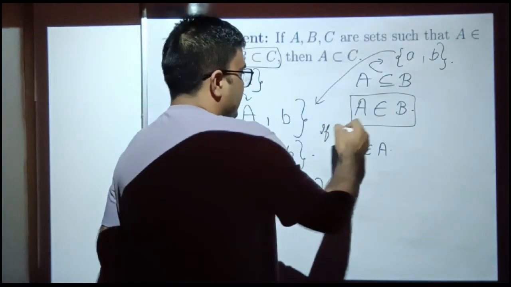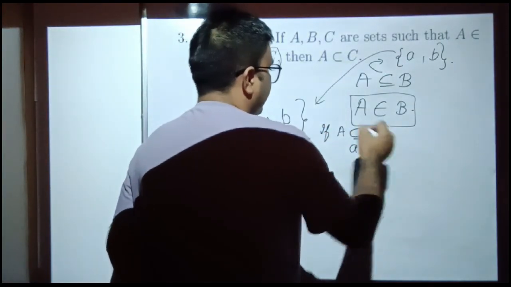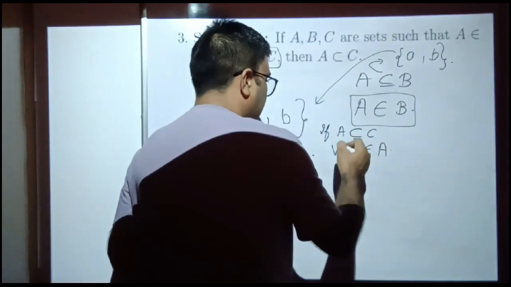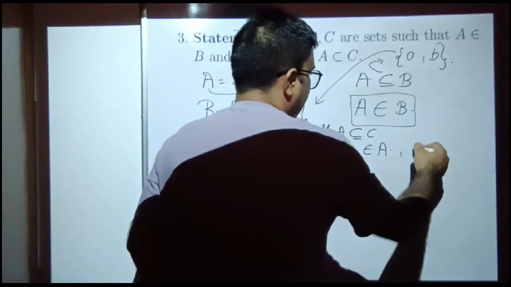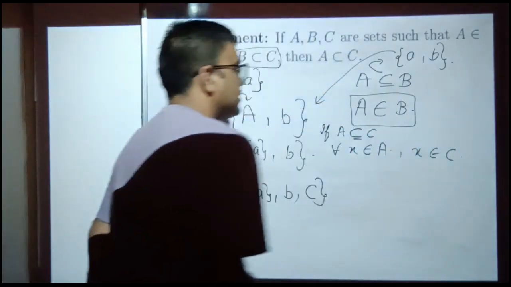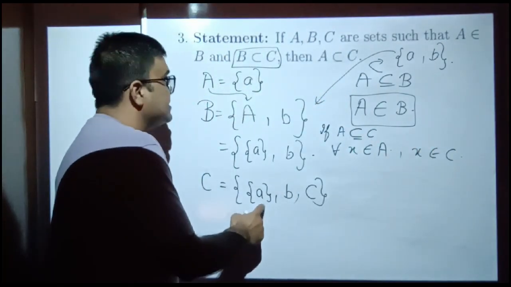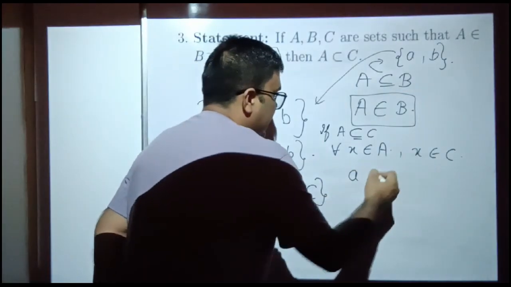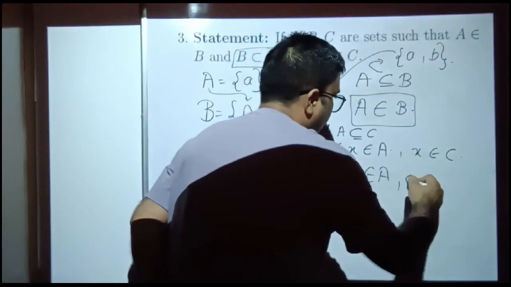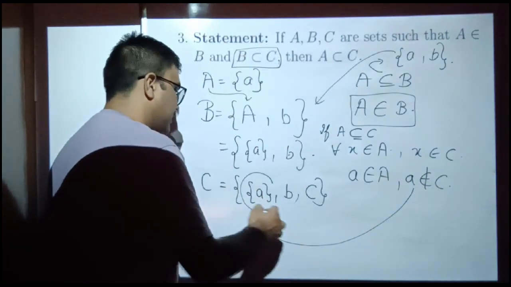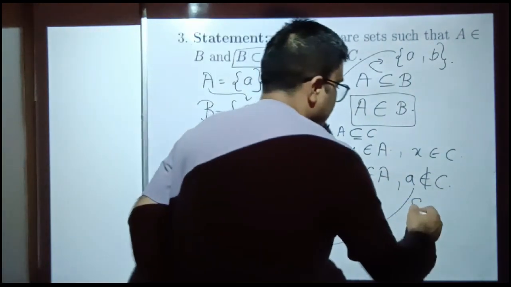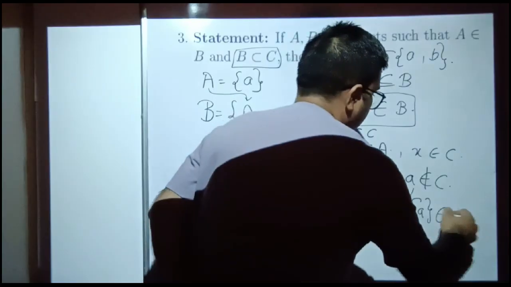If we are saying A is a subset of C, then for all x belongs to A, we will have x belongs to C. What is happening over here? We are saying A belongs to A, but A does not belong to C. There is no element A over here. It is set A belongs to C.